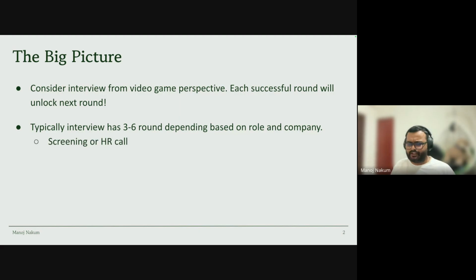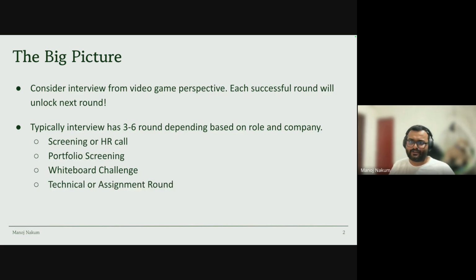So, initially there might be a screening or HR call, right? As soon as your application is done, they might call you and ask you some predefined questions. Then comes the portfolio screening. Basically, they review your portfolio. Then a whiteboard challenge. Not all companies follow the whiteboard challenge, but companies who are focused on UX typically involve a whiteboard challenge round. Then the technical understanding round.